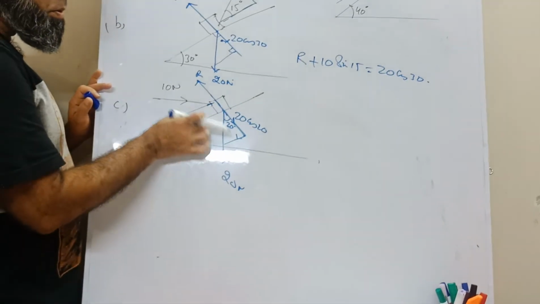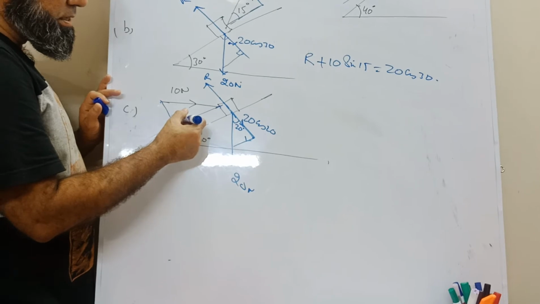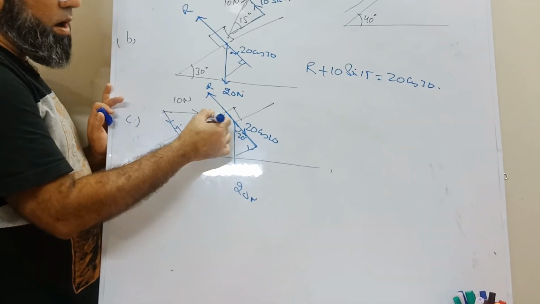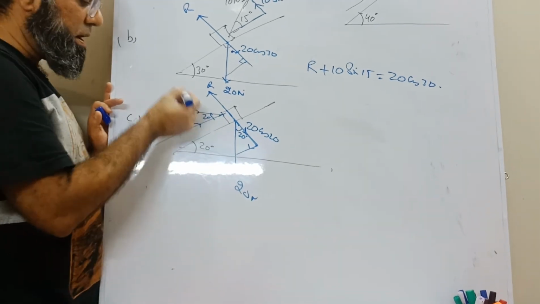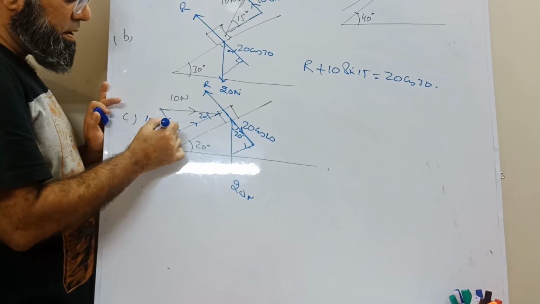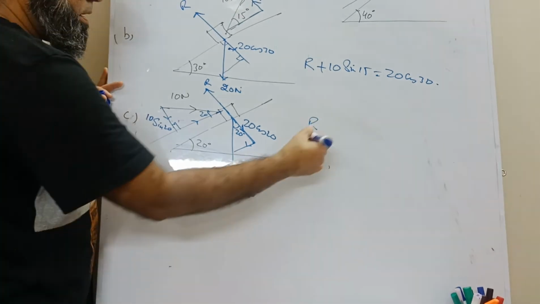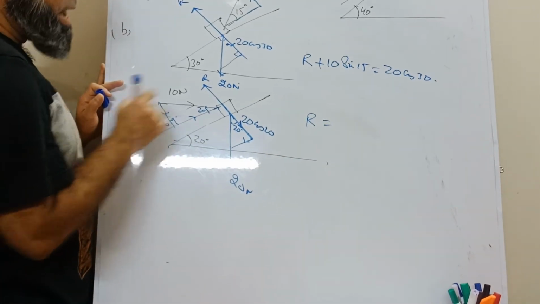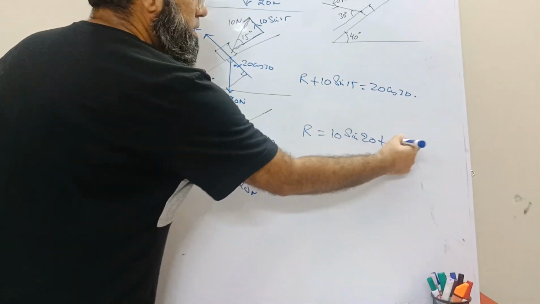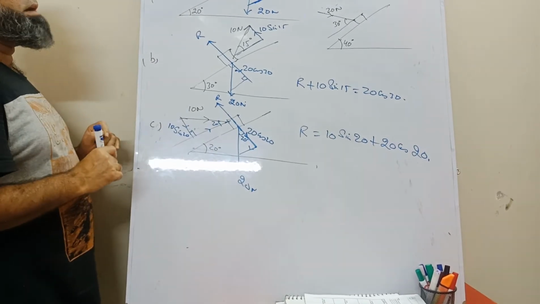This is parallel to this surface and this is perpendicular to this surface. Please guys, learn this, okay. So if this is 20 degrees, I can mark 20 degrees because of the alternate angles. So this is going to be 10 sine 20, okay. So now this R is equal to this 10 sine 20 plus this 20 cos 20. This is for this part, okay.